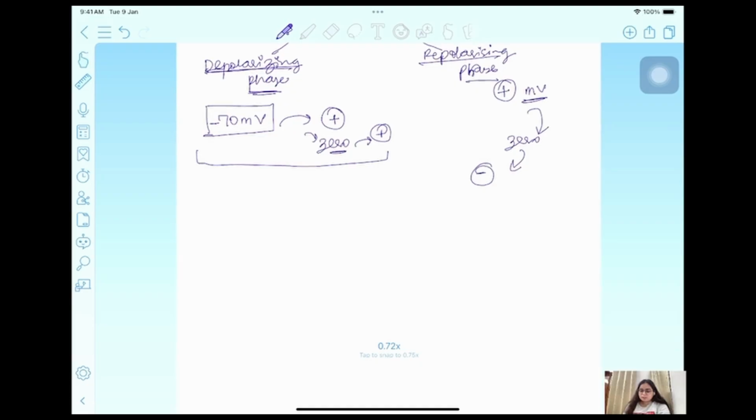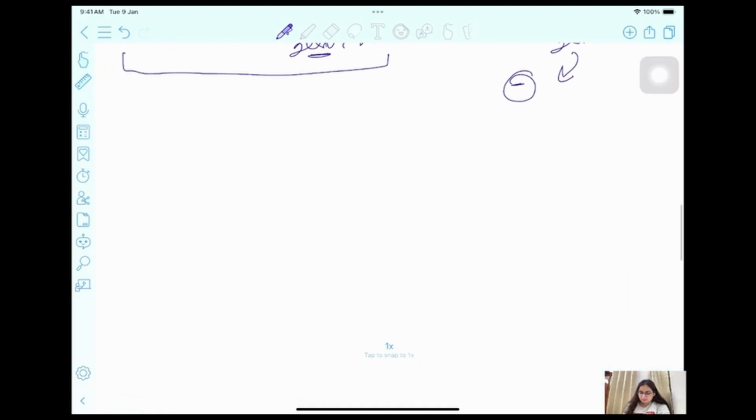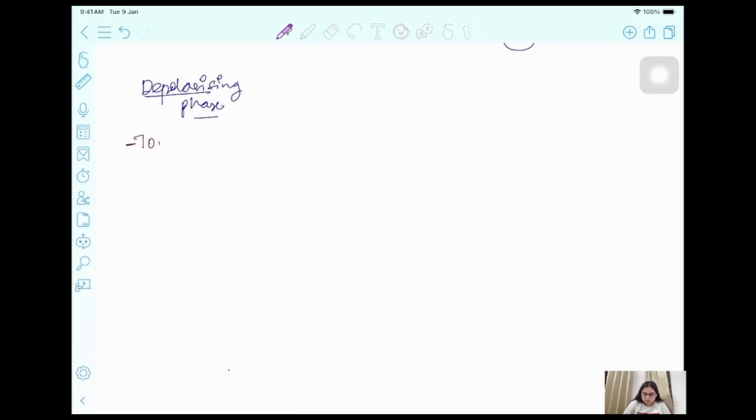Now, how are these two phases occurring in case of neuron? Let's understand it. Let's first understand the depolarizing phase. The resting membrane potential is minus 70 millivolts, which means the inside of the cell is more negative as compared to the outside of the cell.